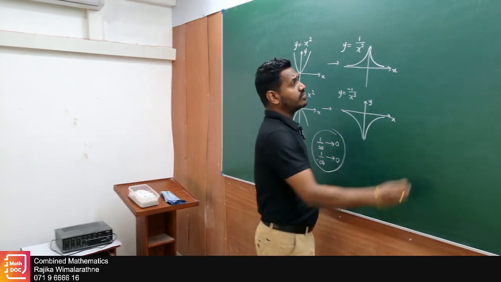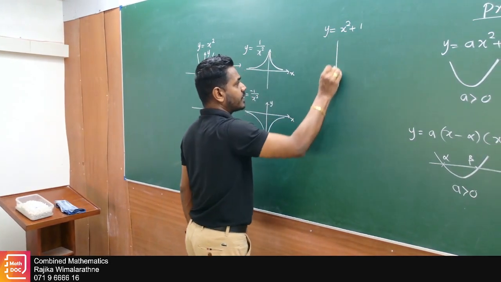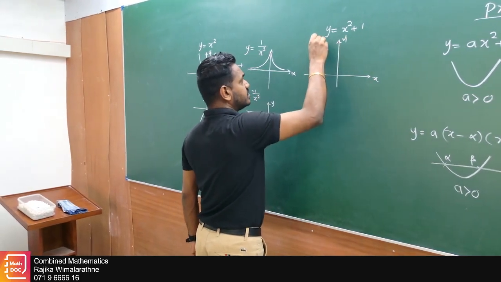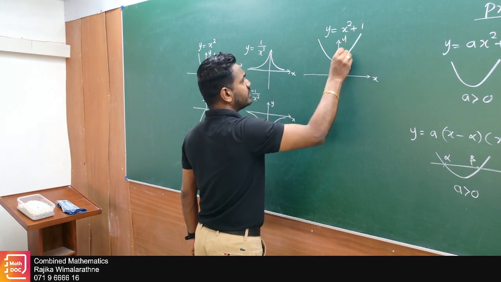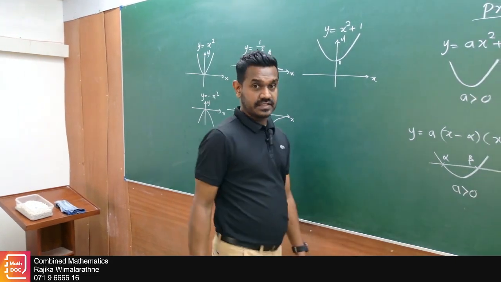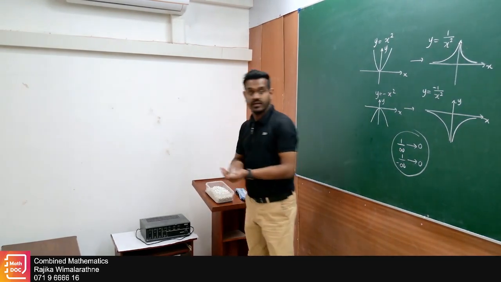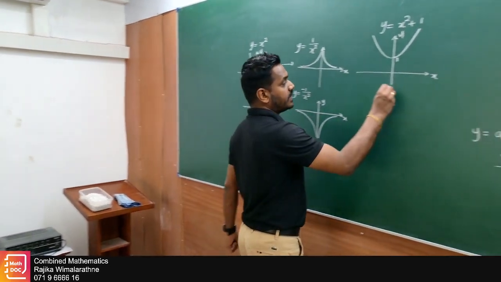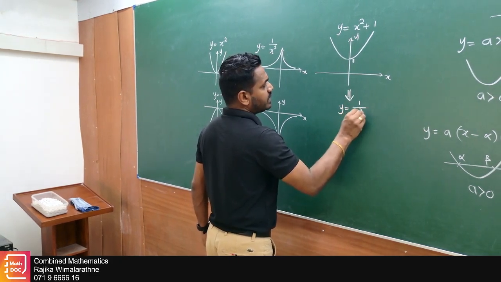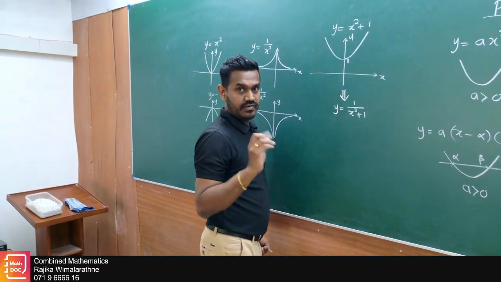Okay. Now you go to y equals x squared plus 1. See this graph. Here x-axis, y-axis. Here minimum shape, minimum value 1. Now let's sketch its reciprocal, y equals 1 over x squared plus 1. Here we can see all values are positive. Then when getting reciprocal also all values are positive.